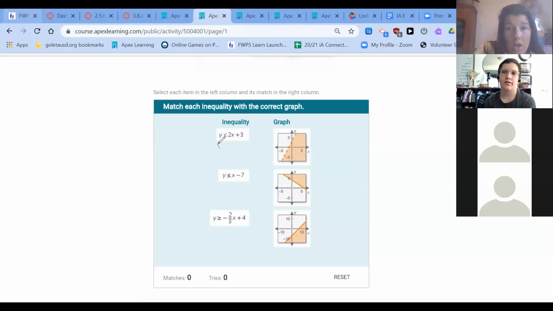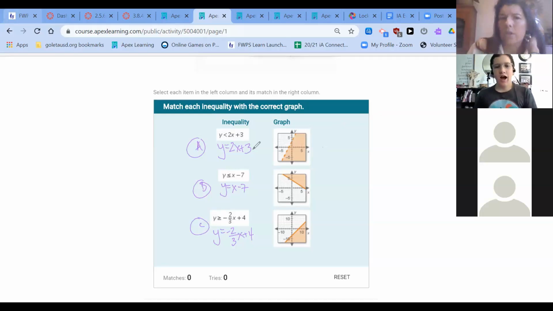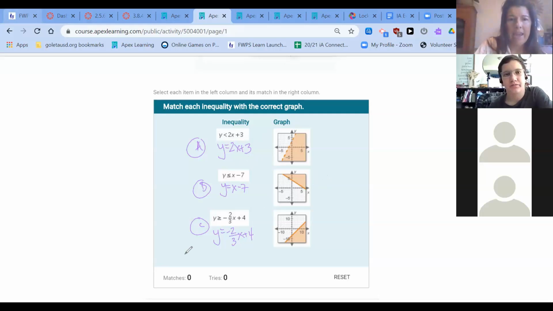So notice these are all in a nice slope-intercept form, so you can see the slope and the y-intercept. All right, and let's call that A, B, C. All right, so for A, which graph looks like it goes with inequality A?